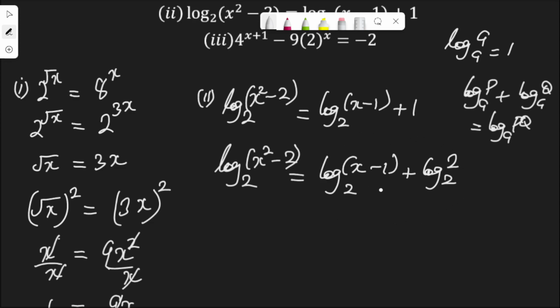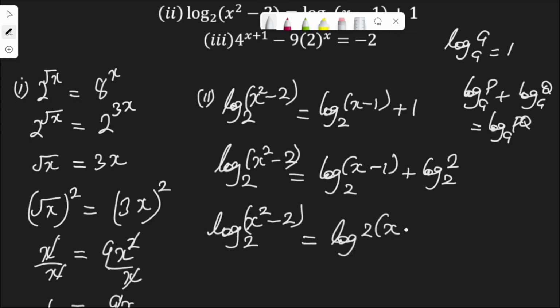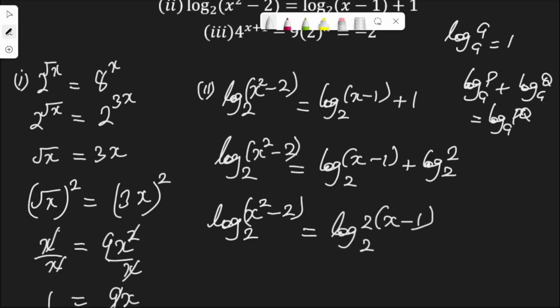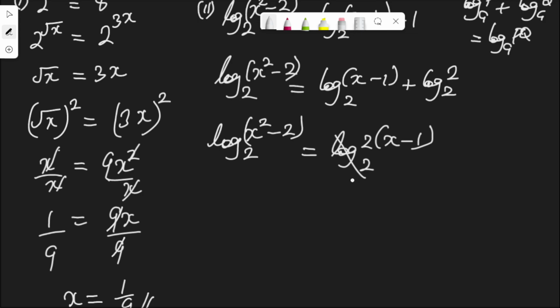So if I apply it on the right hand side, I will have log of x squared minus 2 to base 2 equal to log of 2 multiplied by x minus 1 to base 2, as I multiply this by this based on this law here. Since we have log to base 2 on both sides, they can cancel out. Therefore, x squared minus 2 is equal to 2 brackets x minus 1.